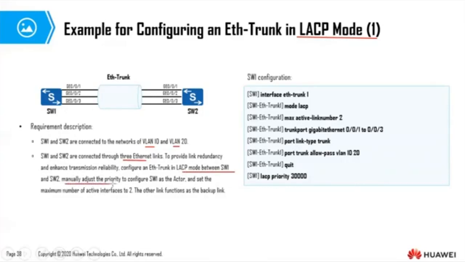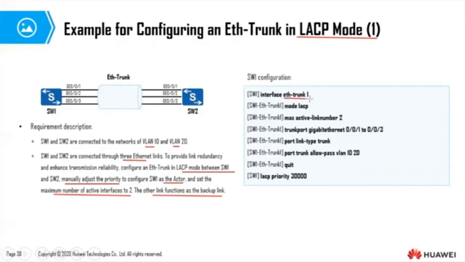Then we manually adjust priority to make SW1, switch 1, the actor. Then set the maximum number of active interfaces to 2. So the other links will function as a link backup. So that is the requirement for this particular scenario. So how to do it?